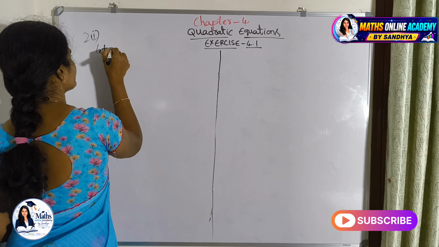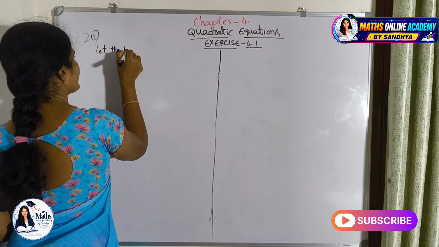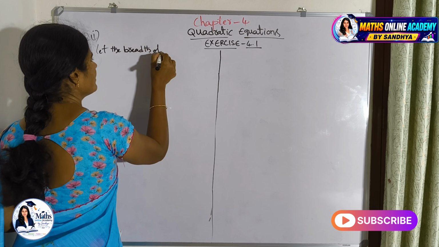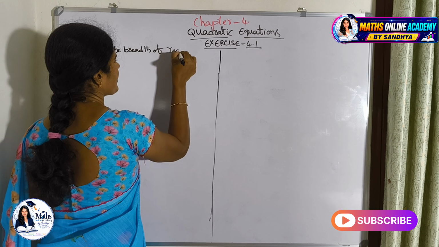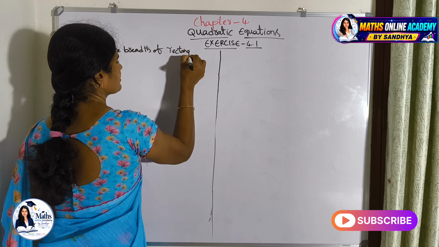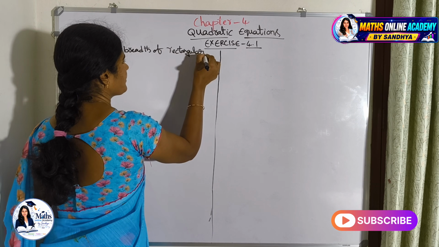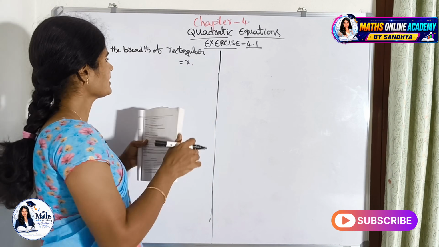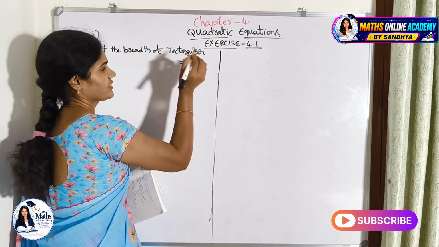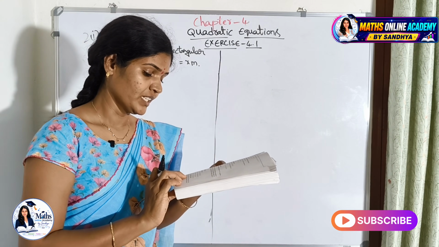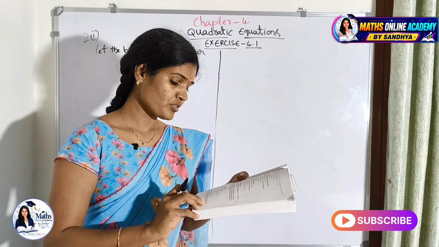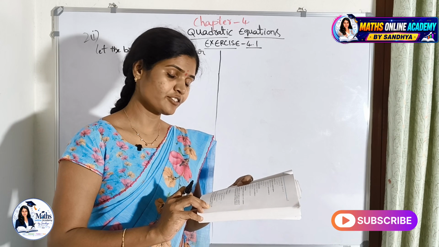Let the breadth of the rectangular plot equal to x. Okay, na? Here meters, na. So x meters. The length of the plot is 1 more than twice its breadth.